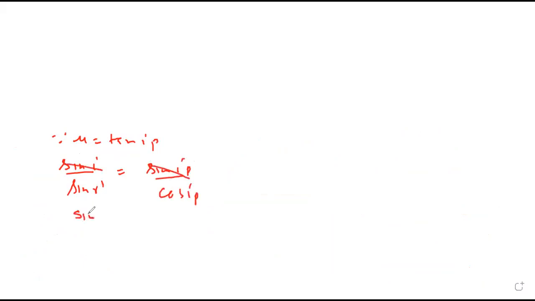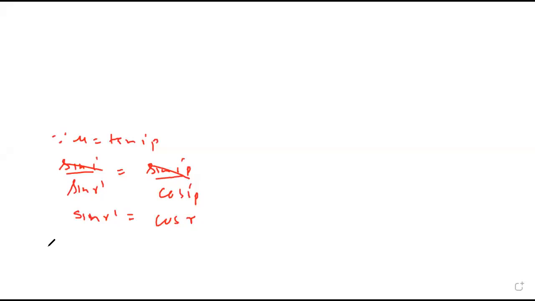Now we'll check how the reflected and refracted rays are perpendicular. Since mu is tan IP, sine I upon sine of R dash will become sine IP upon cos IP. IP and I mean the same, I can cancel. So sine R dash is cos of IP. IP is nothing but the angle of reflection, same as the angle of incidence.